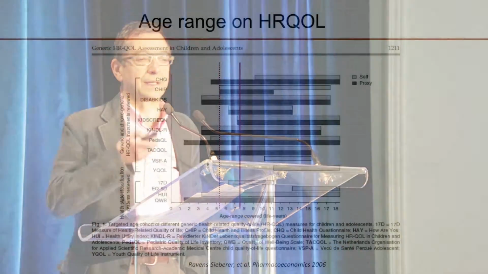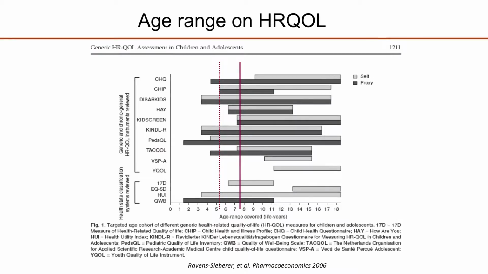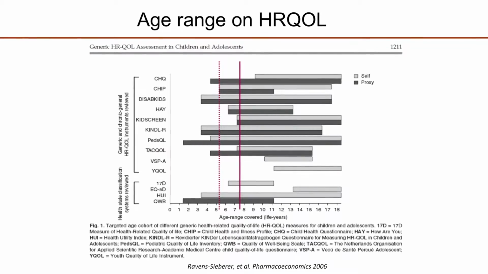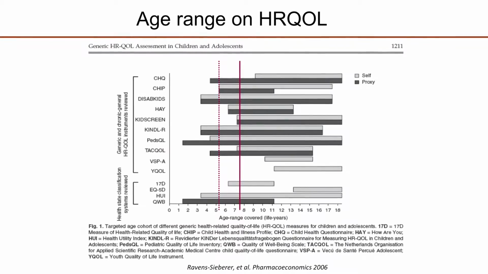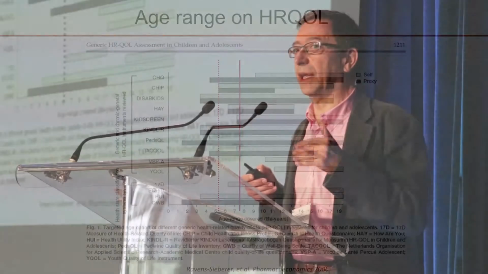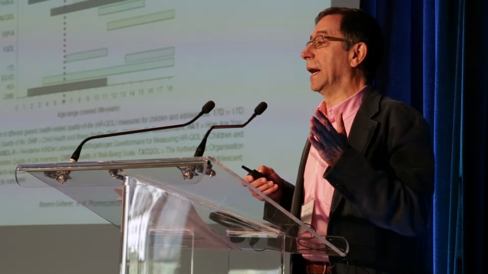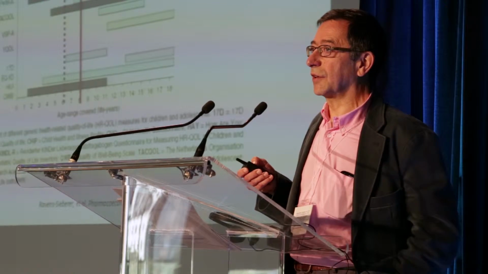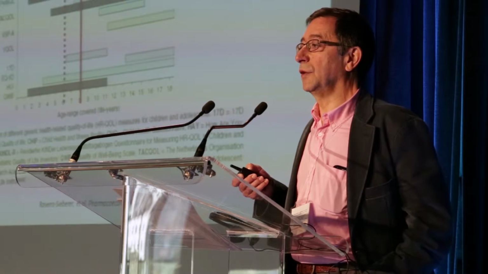In terms of practical rules, looking at the diverse instruments and the ages for which they are addressed, we can say that from 6 years onward we can administer a questionnaire with the help of an interviewer, and a self-administered questionnaire can be used from 8 years onward.